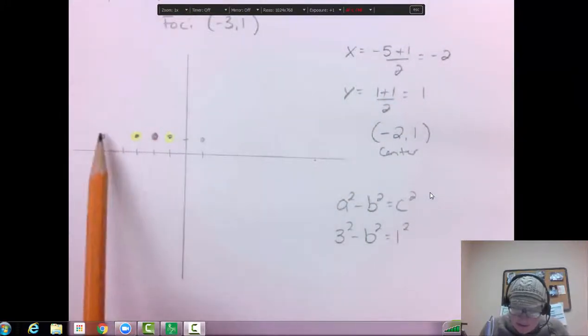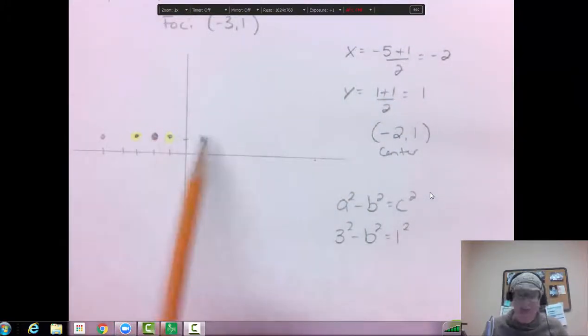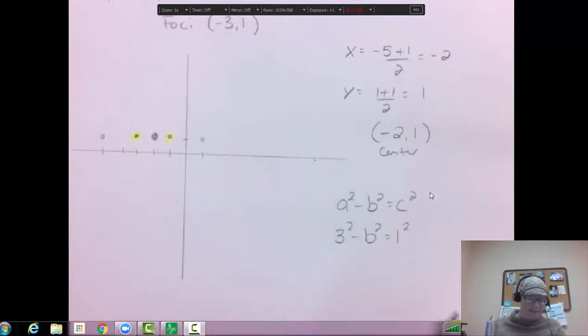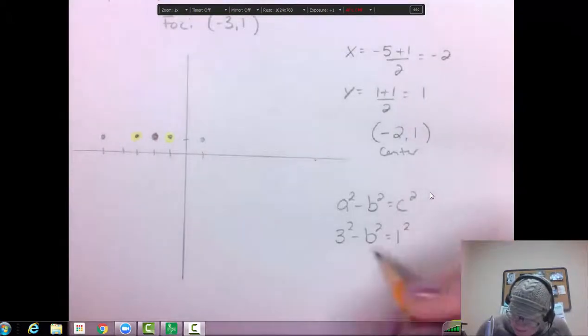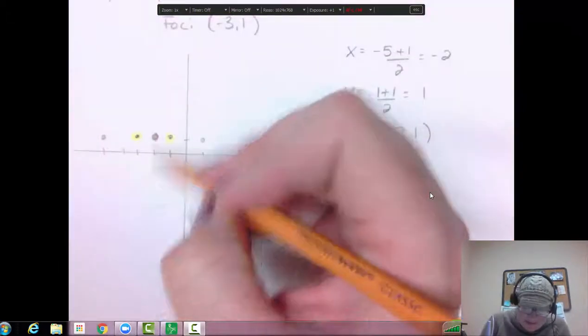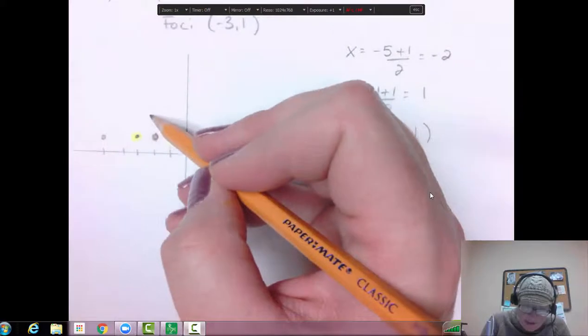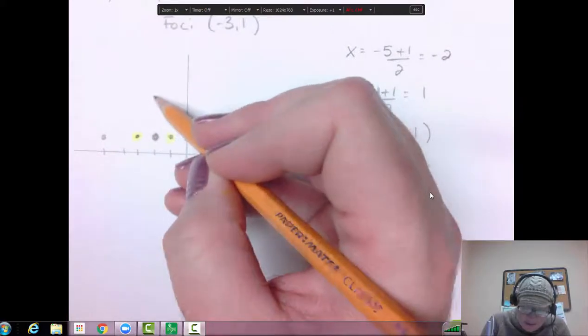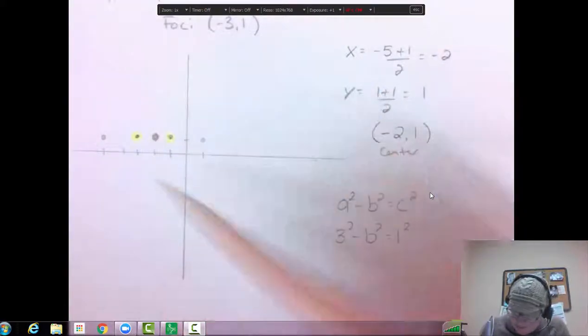We know that this is the major axis, so this is a horizontal ellipse, and under the x squared will be the larger number. Okay, so let's find our b. B will give us the distance from the center to each side, this way.